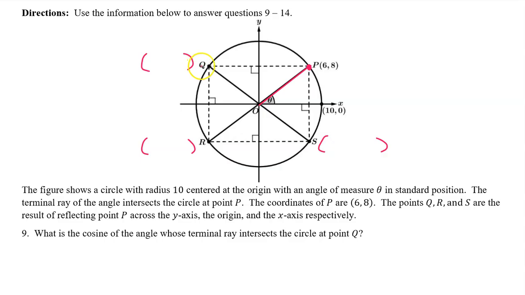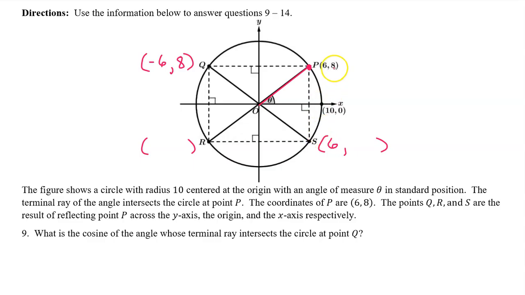Let's see, point Q will have the same vertical displacement as P, which is 8. And it will have the opposite horizontal displacement, so negative 6. The point S should have the same horizontal displacement as P, therefore 6.